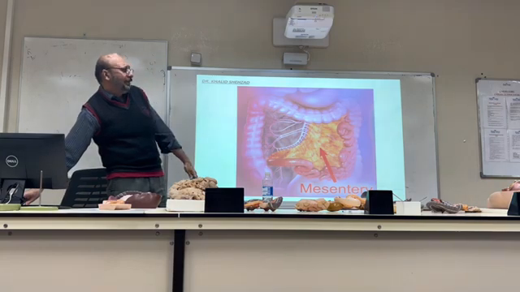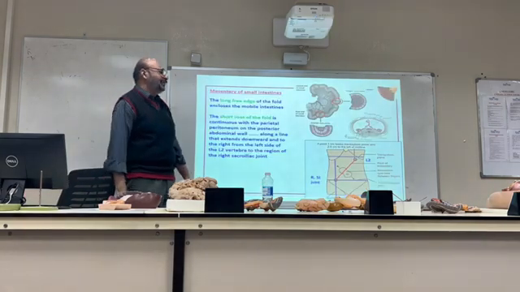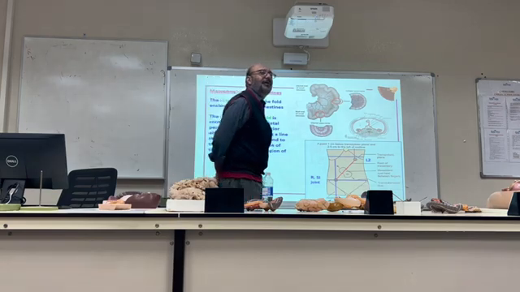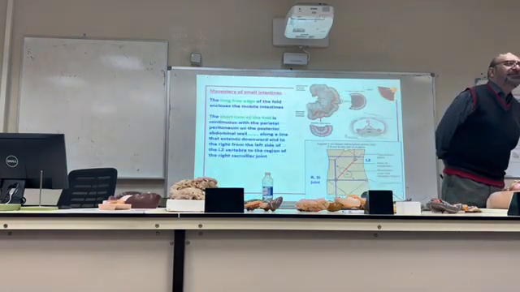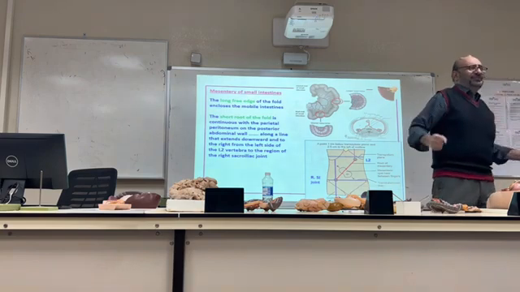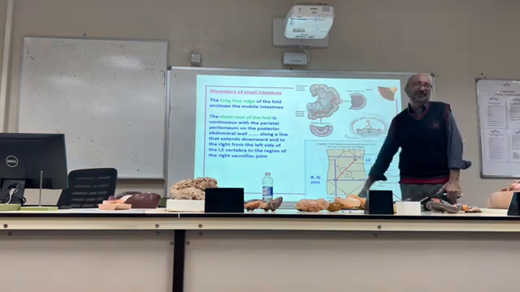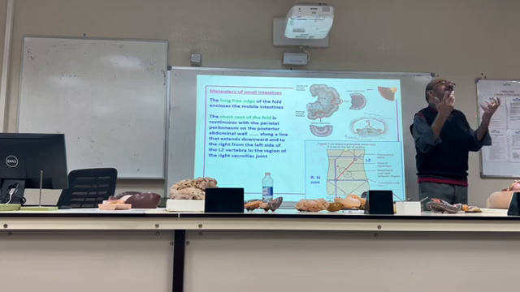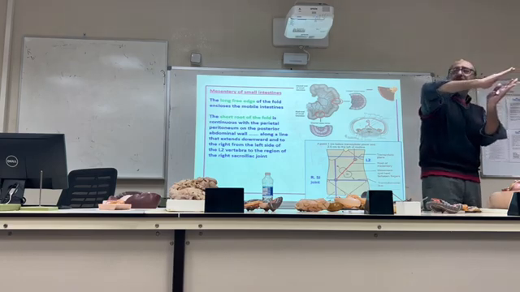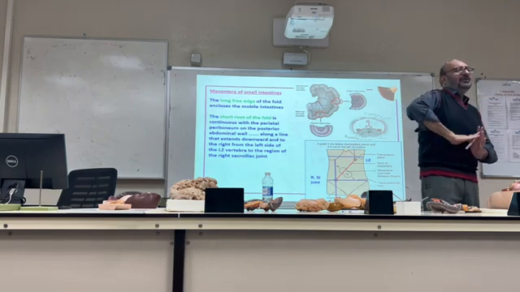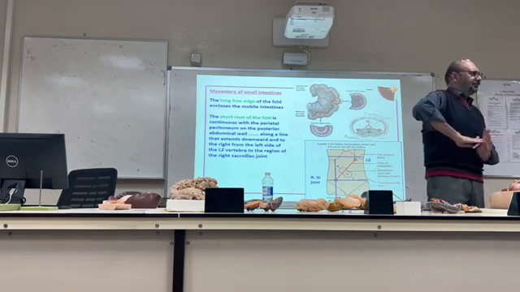Okay, mesentery. Who will tell where is the mesentery of the small intestine? Before that, can you point to the root of the mesentery? Where? In my body? No, the picture. Yes, of course, I am coming. What is the mesentery? The mesentery is a two-layer fold of peritoneum attached to the back of the abdominal wall.